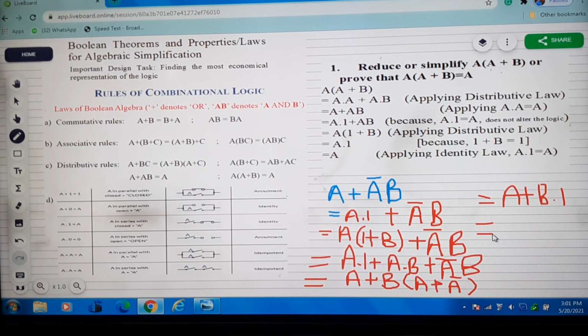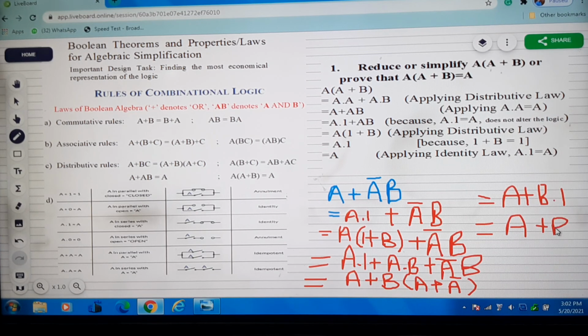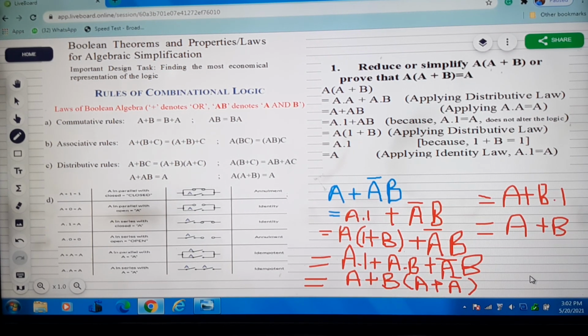This is the complement OR law. Now we will drop this one because B dot 1 is always equal to B from the identity AND law. So we can write this expression A plus A bar B is reduced or simplifies or minimized to A plus B. So that's all for today's lecture. Thank you very much.